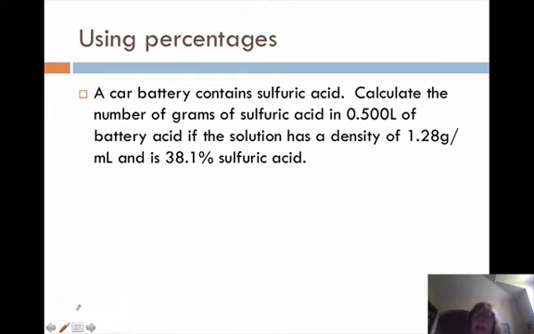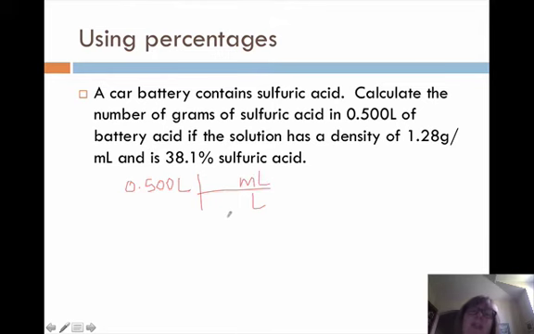So let's start with what's given. What's given is the half a liter. The density was given in grams per milliliter, so we've got to change liters to milliliters. The liters goes down here and milliliters goes up here.